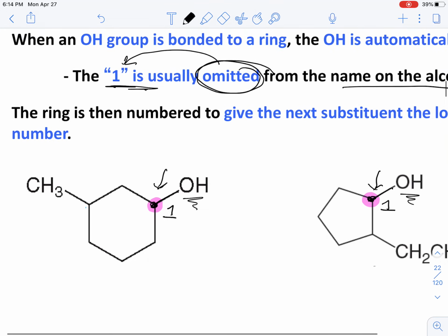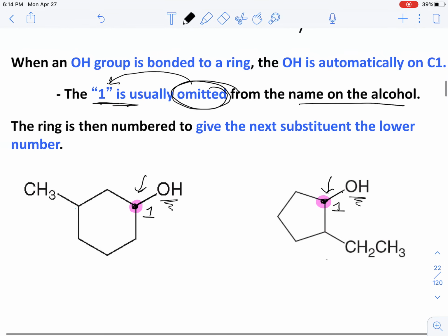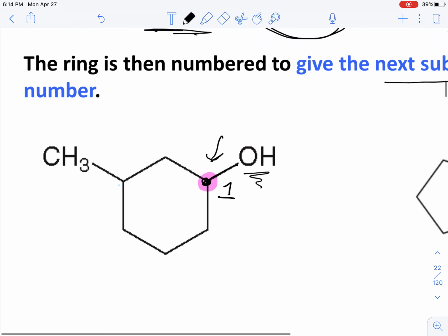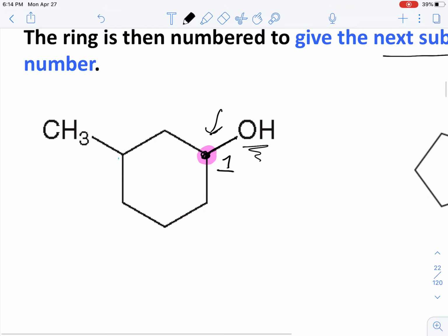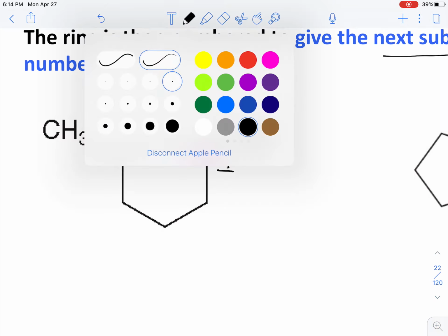And so the ring is numbered to give the next substituent the lower number. We're going to have to play around here for some molecules, going clockwise or counterclockwise, so we'll go through a couple of examples.